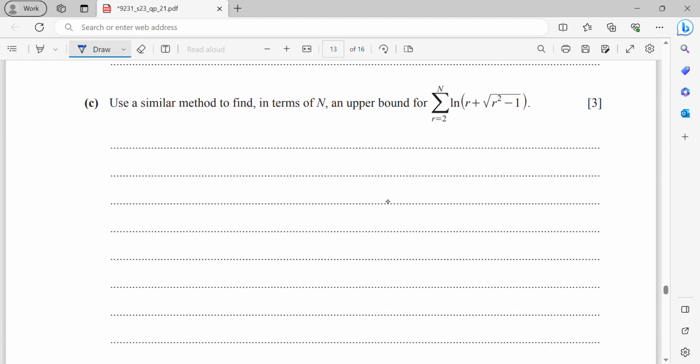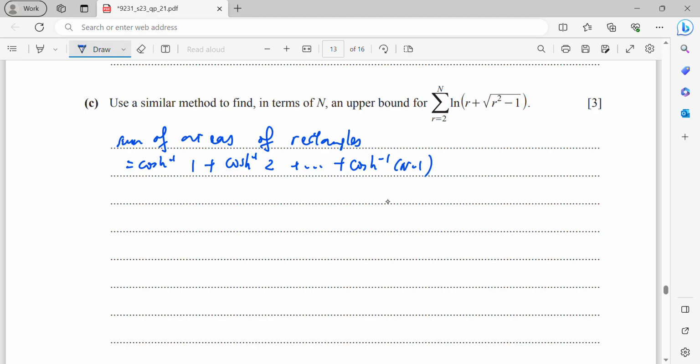So then from here I will just write the sum of areas of rectangles equals inverse cosh 1 plus inverse cosh 2 plus until inverse cosh n minus 1.